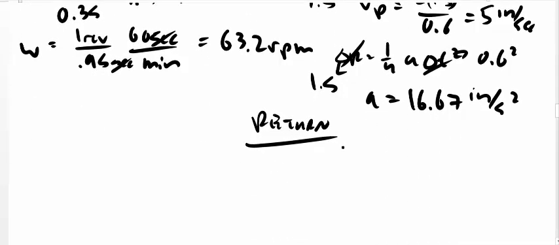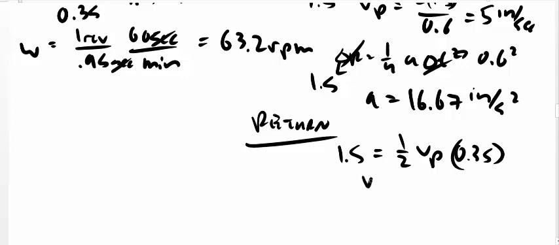Alright, so we can do that very quickly here and say that our 1.5 distance is equal to 1/2 times your peak velocity, and that's going to happen in your 0.35 seconds.